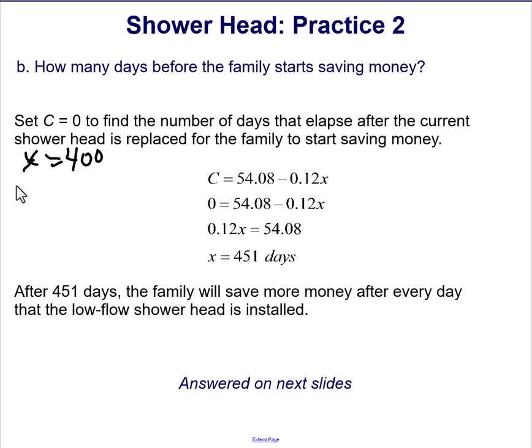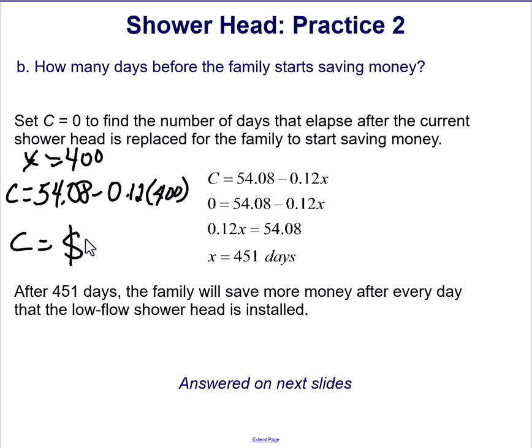So C is going to be equal to 54.08 minus 0.12 times 400, and that is going to be $6.08 at day 400. So after 400 days, they have spent a total of $6.08 more using the low flow shower head.